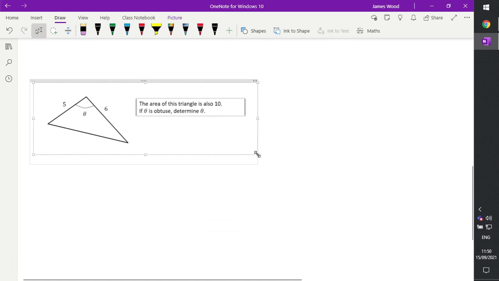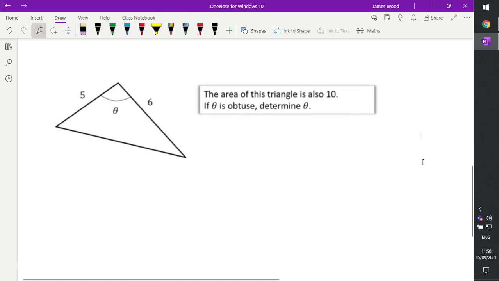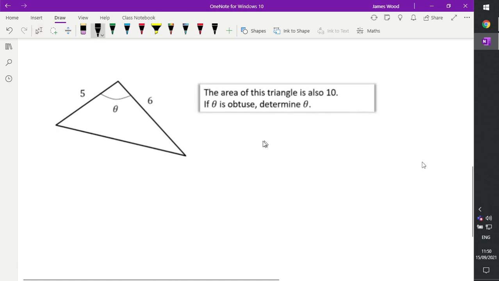Okay, the area of this triangle is also 10. If theta is obtuse, so bigger than 90, determine theta. So we've got half AB sine theta, and the answer should come out to be 10. So half times 5 times 6 times sine theta equals 10. Let's try and just get sine theta on its own.